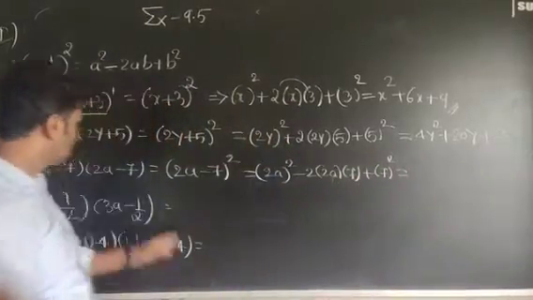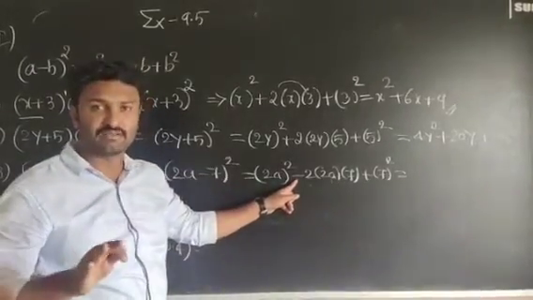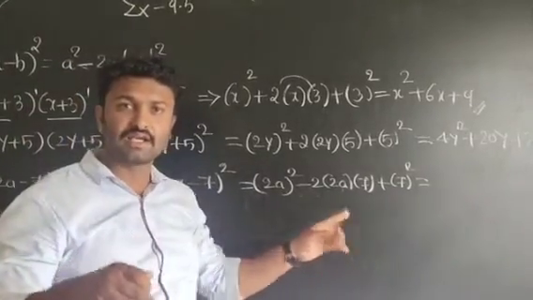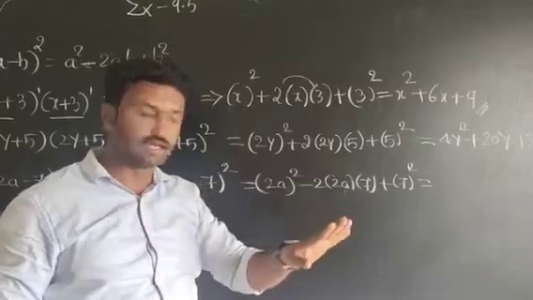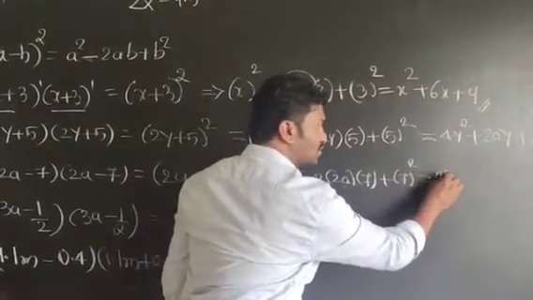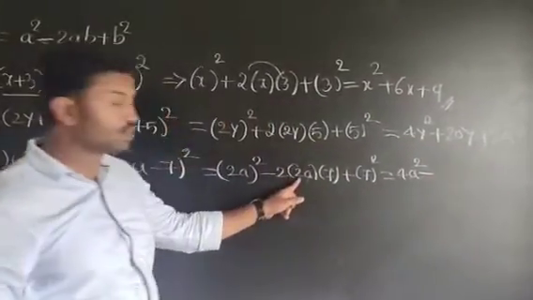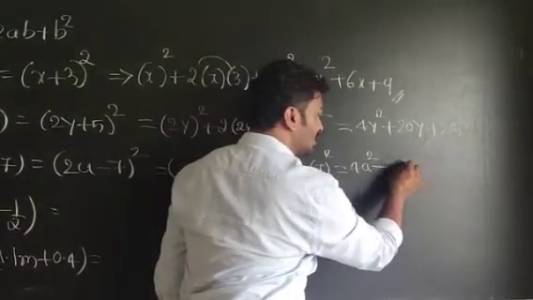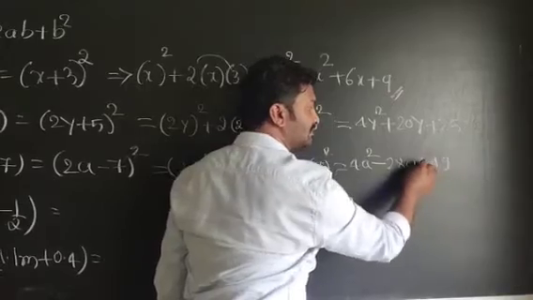Here the minus sign is there, so you have to consider the minus sign. Only the difference is for plus and minus: in plus we get plus 2ab, in minus we get minus 2ab. (2a) whole square is 4a square, minus 2 twos are 4, 7s are 28a, plus 7 whole square, 49.